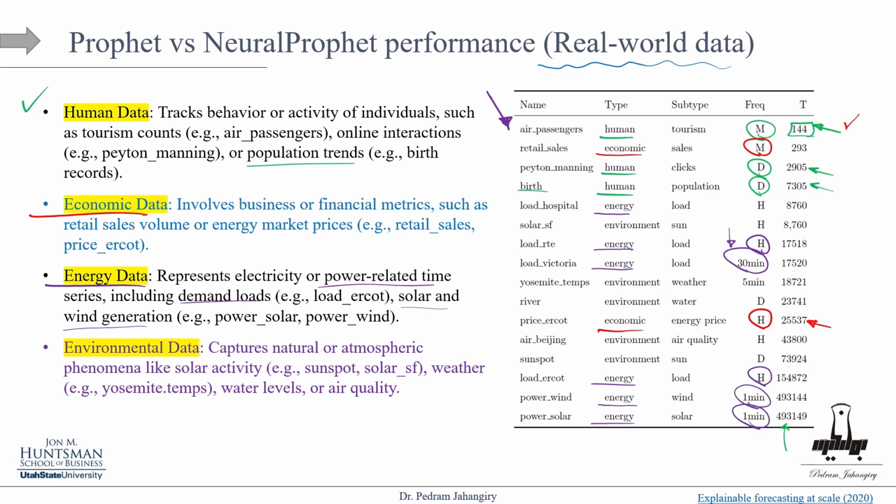And then one last category is just environmental data. So I think you can find it here for solar data sets. We have these three. This captures natural or atmospheric phenomena like solar activity, water levels, air quality, and you name it. But the good thing is that, look at that, we have 16 real world data sets that everybody's excited about, and they're going to compare the performance of NeuralProphet versus Prophet and take the average and report those average numbers, right?